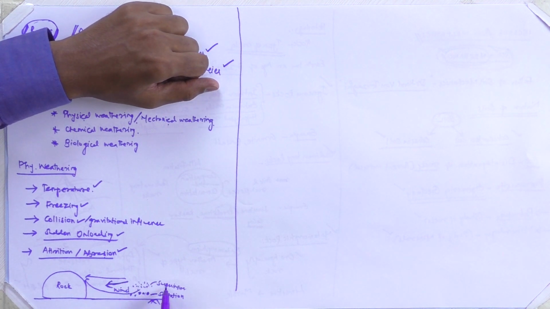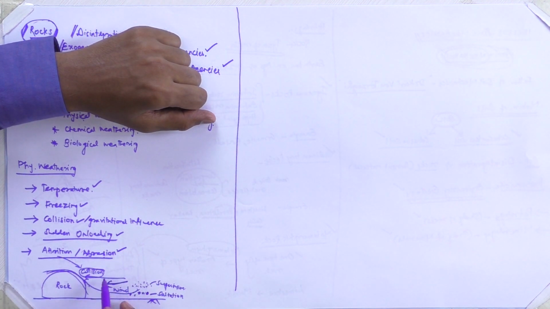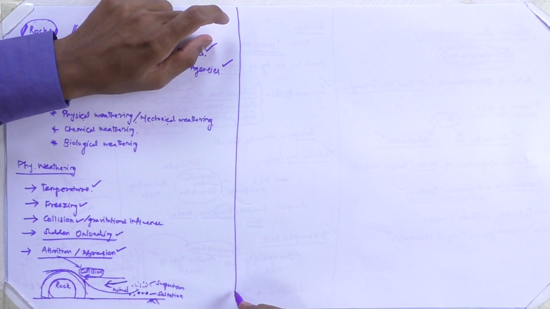This saltation and suspension abrade the surfaces during collision. This is attrition, and abrasion is the wind alone abrading the surfaces of rock. So the huge rock will be worn down when this wind action takes place continuously.